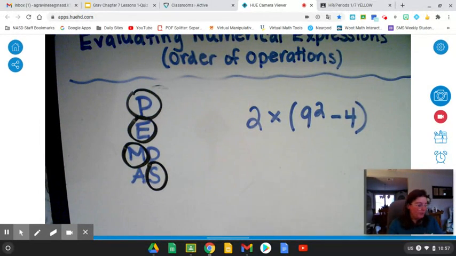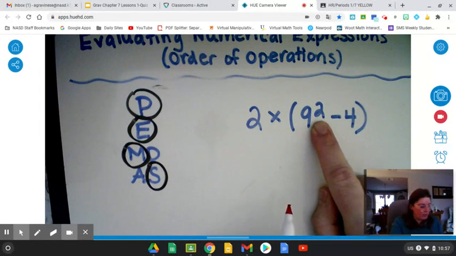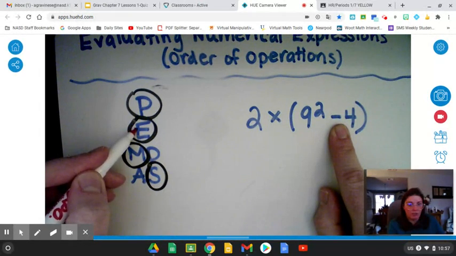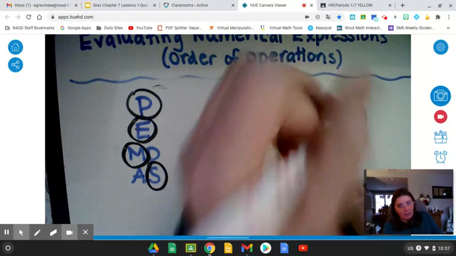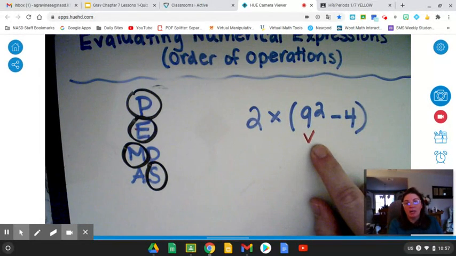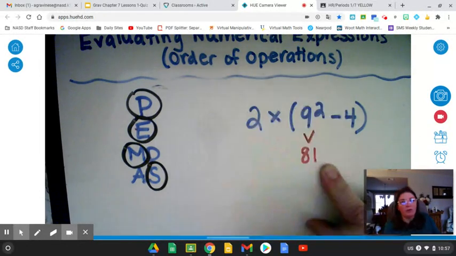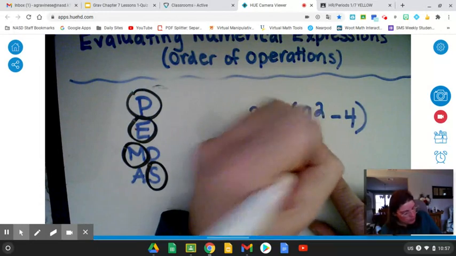So let's work it. Inside of my parentheses, I have 2 different things. I have an exponent and I have subtraction. Exponent is before subtraction. So 9 to the second power is not 18. It's 9 times 9. 9 times 9 is 81. Be careful there. Remember your exponents. So I'm going to rewrite everything that I haven't used, including this parenthesis.